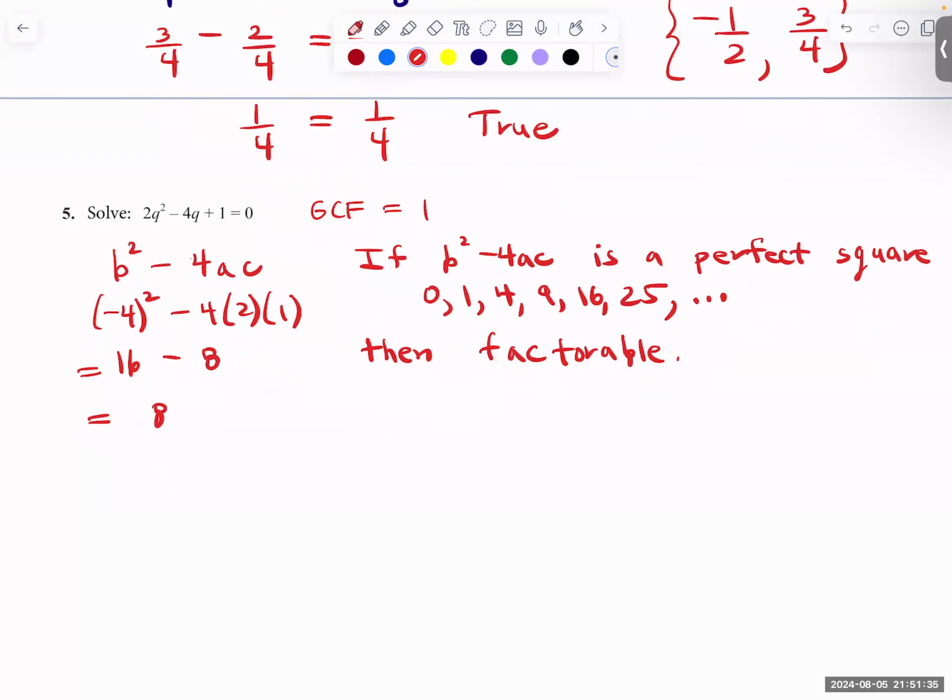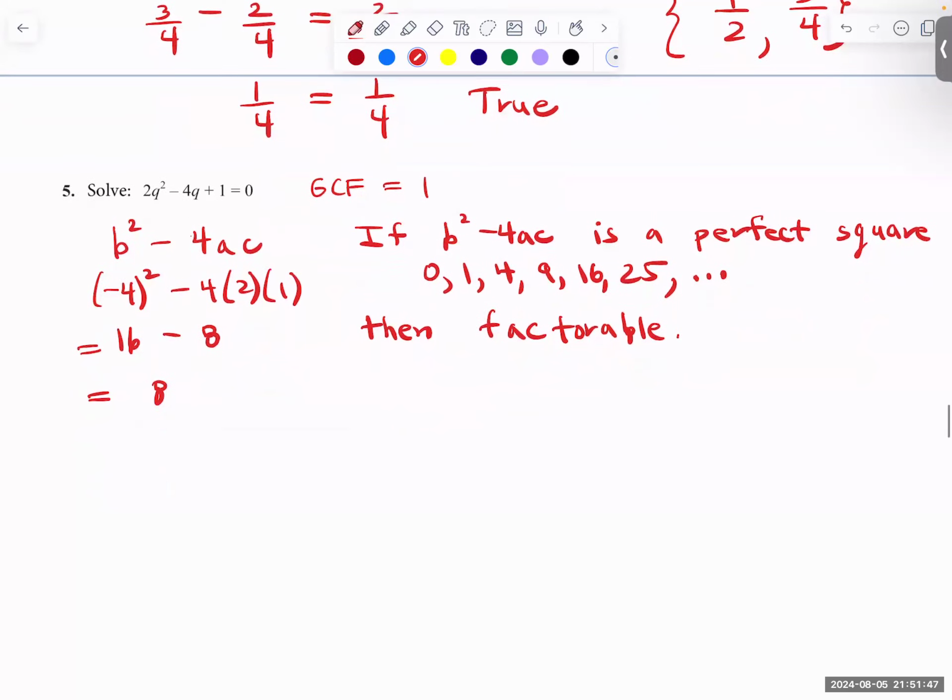Otherwise, not. If you do not get a perfect square, then the trinomial cannot be factored, and you can't solve by that method, but you can always go to the quadratic formula.